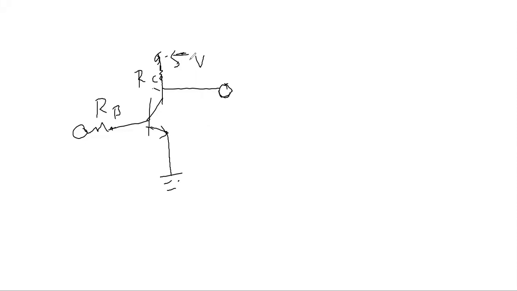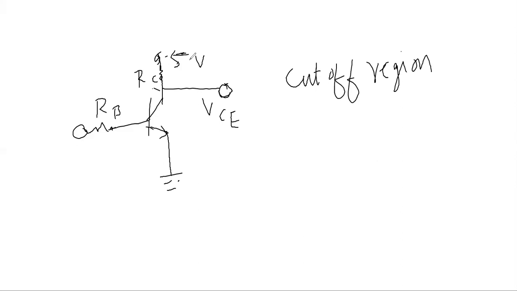That is RC, the voltage dissipated at the resistor RC, and we take input from this. This is VC. For example, we have three situations. One is the cutoff region.